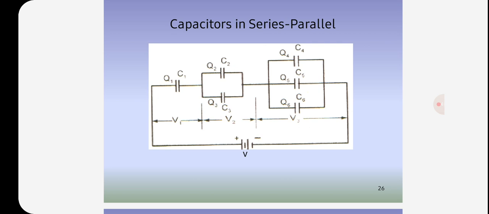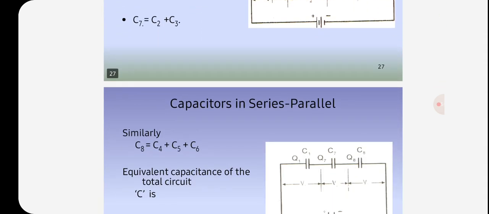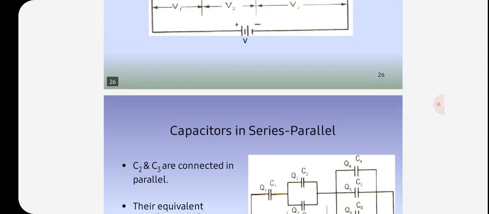In these circuits, capacitors can be connected in many different ways, along with voltage sources and current sources. The two simplest are called series and parallel, and then the combination of series and parallel capacitors.